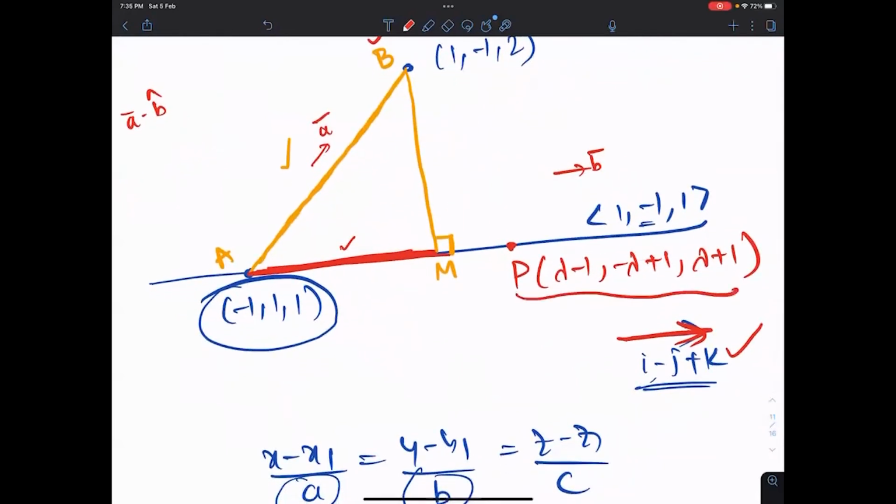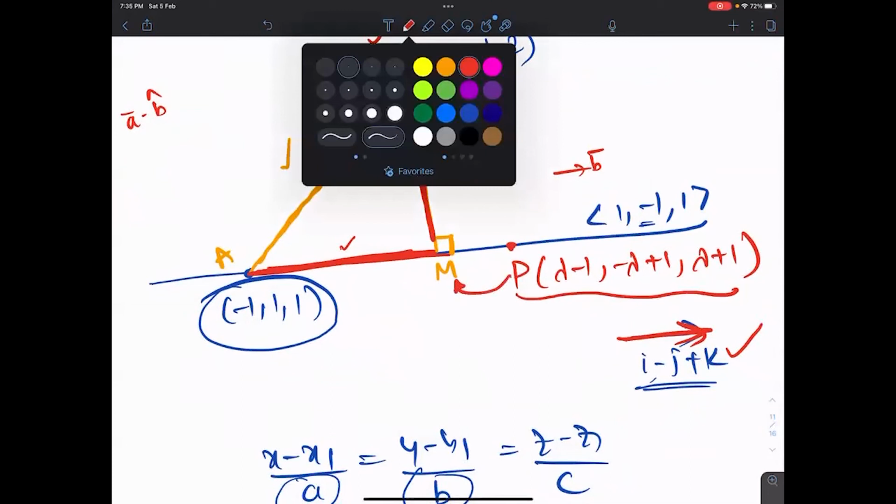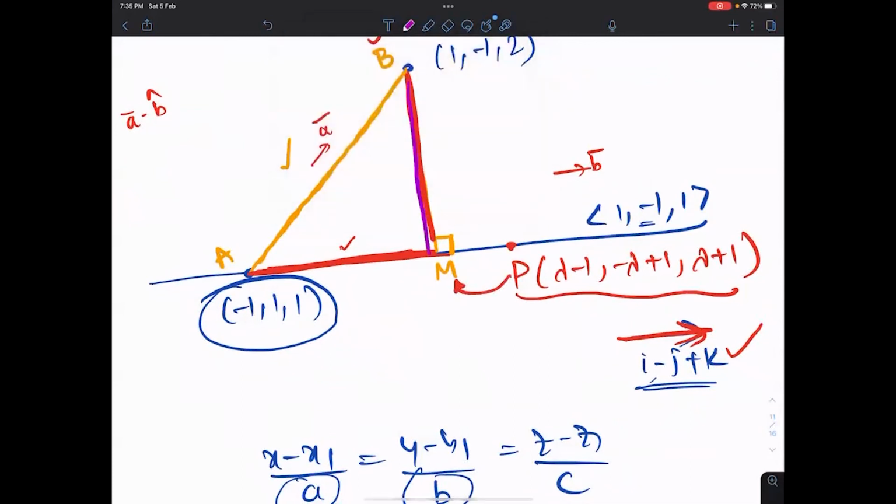If this point is point M, then the angle between BM and the line must be 90 degrees. You know the BM vector by subtracting. You know the line vector, that is this one. Equate the dot product to zero and you will get the value of lambda.